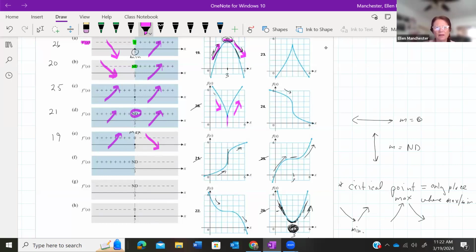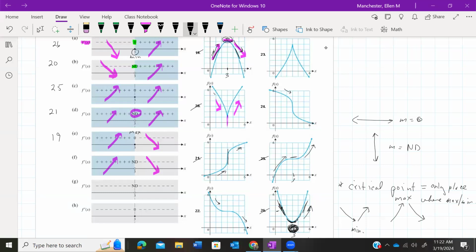Okay. And then F, same thing, we go up, but now we hit a vertical and then we go down. So which one do you think goes with F? What do you think? 22? Okay, so let's look at 22. So here, 22, do you see how my slope is going down? And on F, my slope is going up.